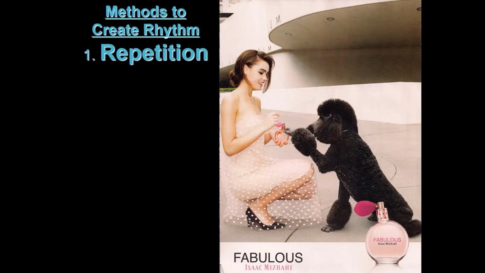I like this example, this Isaac Mizrahi advertisement as well, because there's a lot happening within this design. And we can see in a less obvious way than I'd say the last couple examples, this use of repetition. So what's being repeated here? We are repeating that pink color.